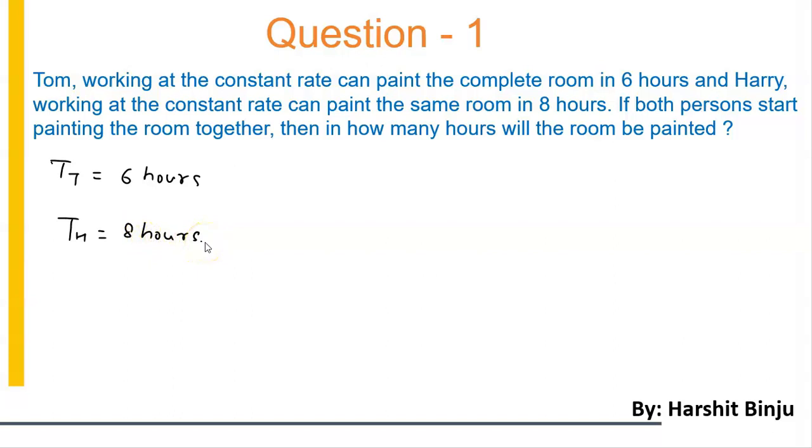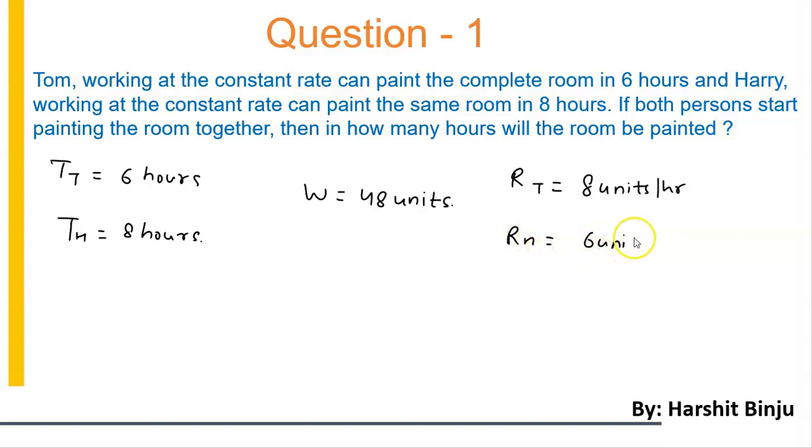In this case, since the numerical values are given to us, we will consider work to be 48 units. We will take work to be 48 units. So we can say that the rate at which Tom is working is 8 units an hour, and the rate at which Harry is working is 6 units an hour.